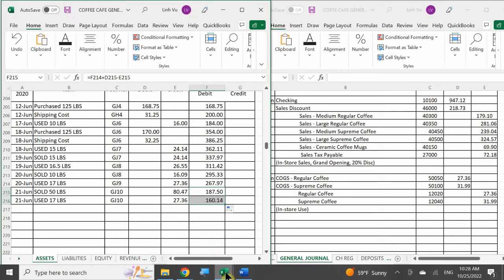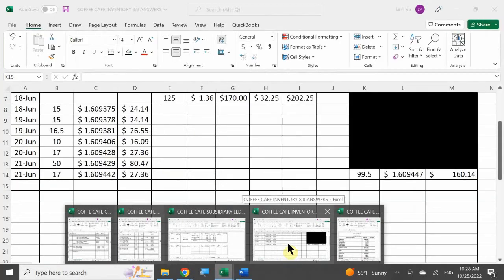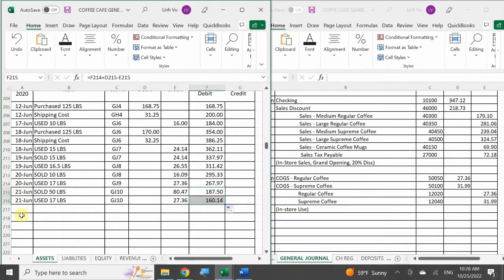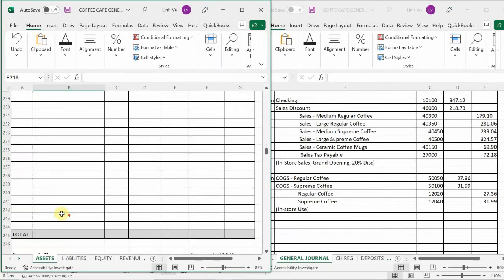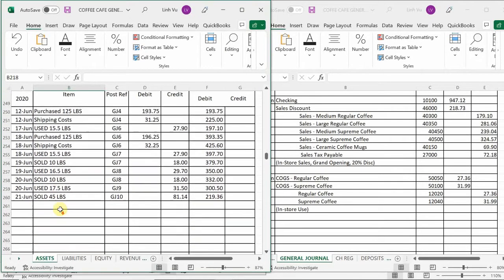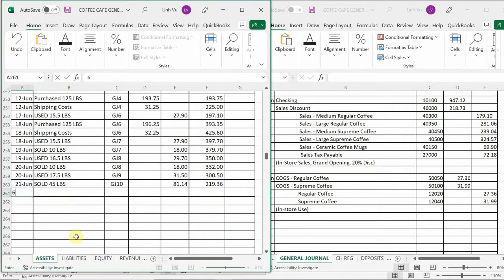And does that match my inventory worksheet? Yes, it does. Good. Last one, for the Supreme. We used 17 and a half pounds for $31.99.